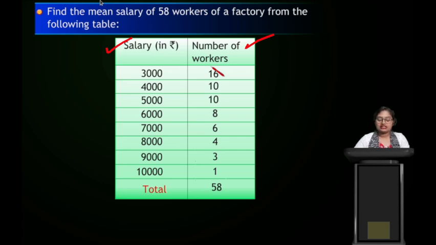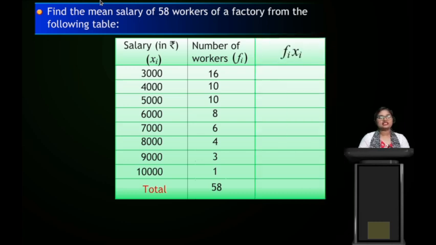So this salary column we will take as xi because these are the observations. The number of workers column will be the frequency column. So what is the next step, children? We have to find the product of fi and xi.